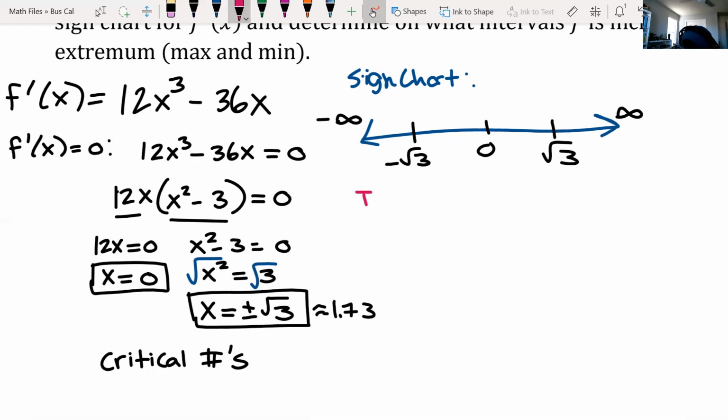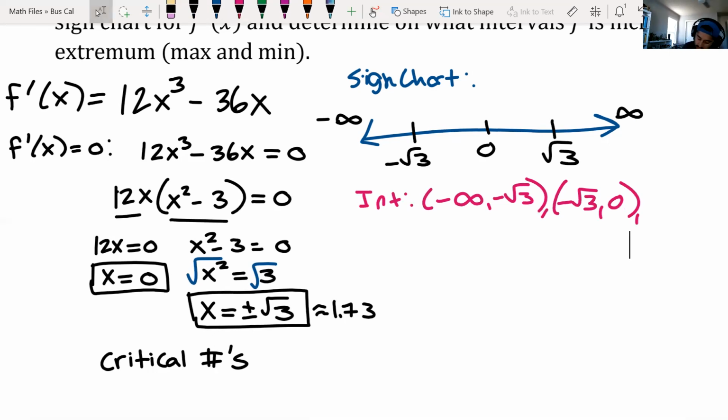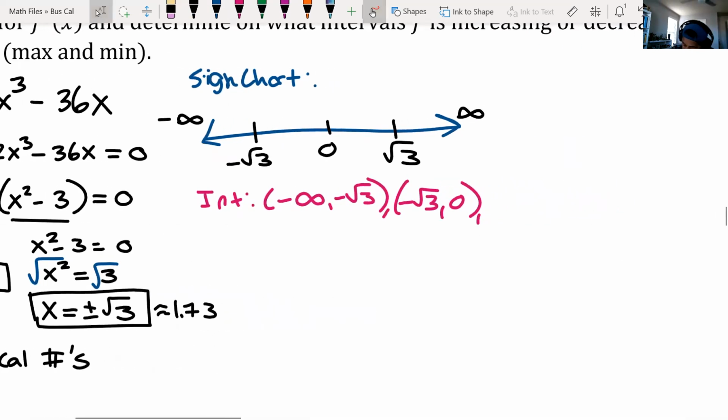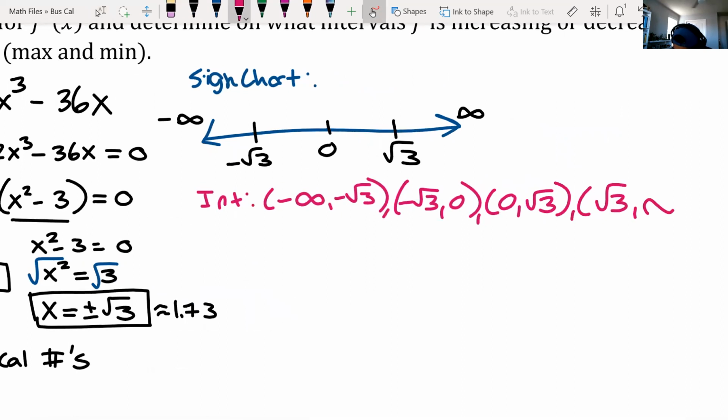Next is my intervals: negative infinity to negative square root of 3, negative square root of 3 to 0, 0 to the square root of 3, and square root of 3 to infinity.